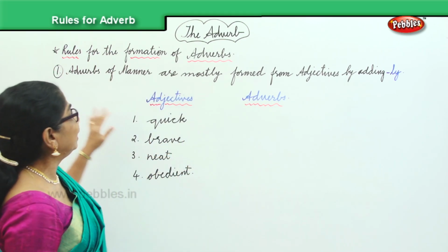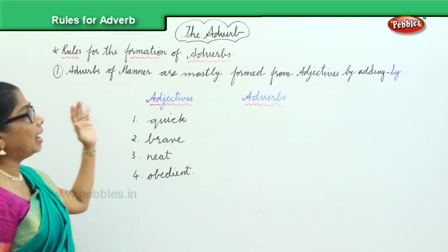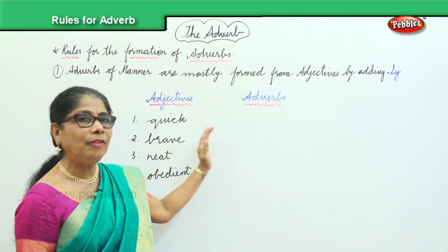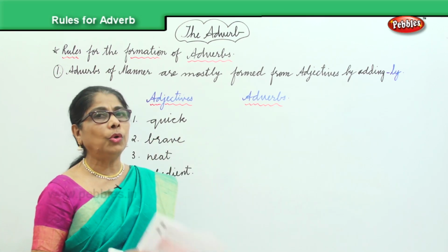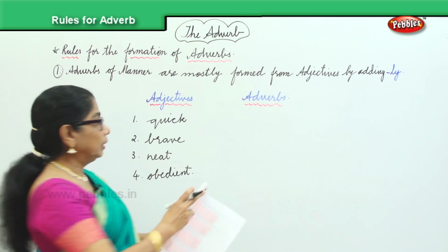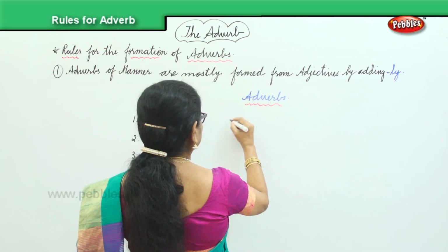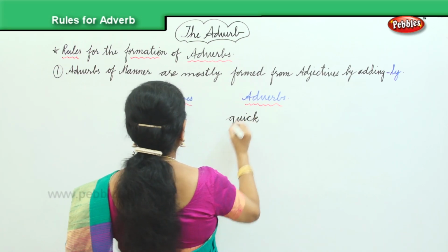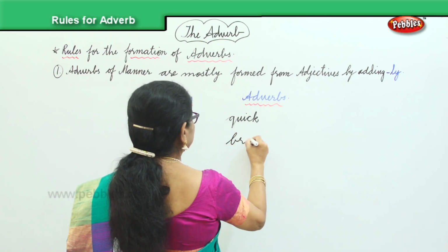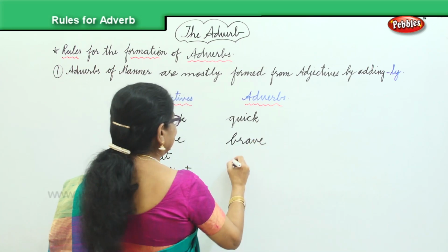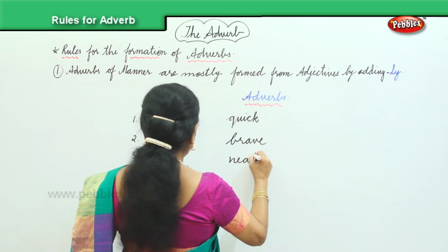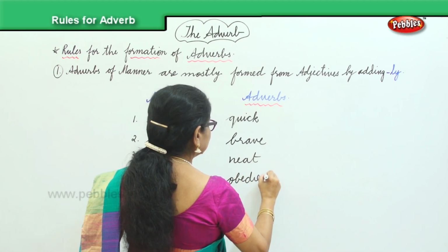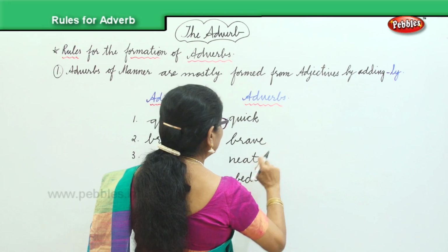Now, adverbs of manner are mostly formed from adjectives by adding ly. So what will you do? Quick, quickly. So I will only write quick, brave, neat, and obedient. Now what did we say the rule is?